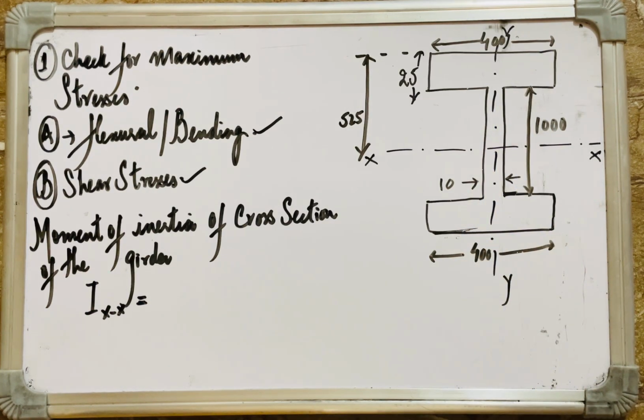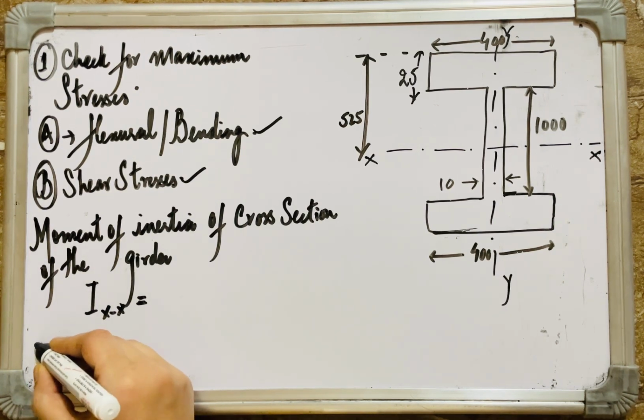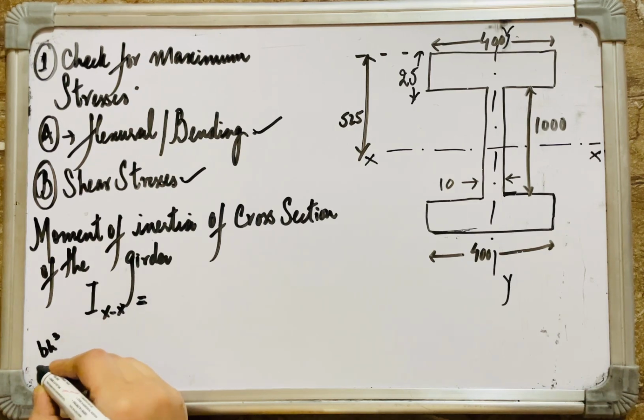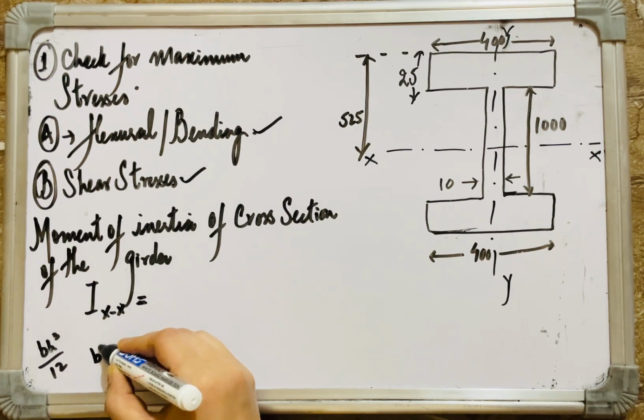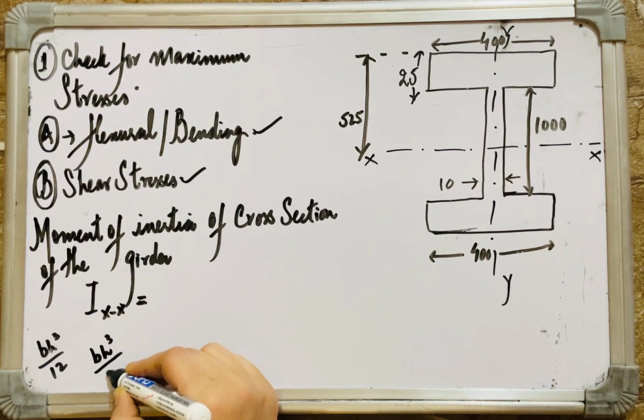The moment of inertia of a rectangle about the axis passing through the centroid is given by bh cubed by 12, where b is the width and h is the height. If we have to calculate the moment of inertia of a rectangle about an axis passing through its base, it will be given by bh cubed by 3.